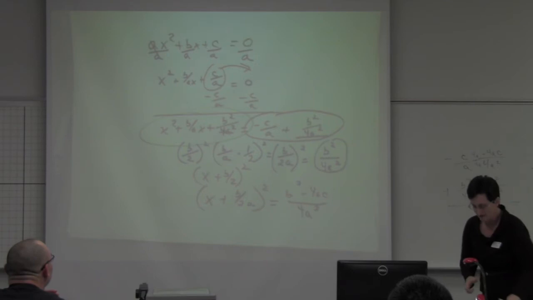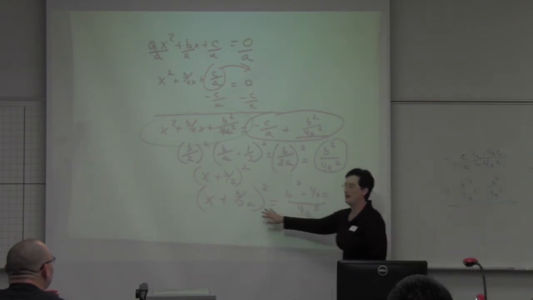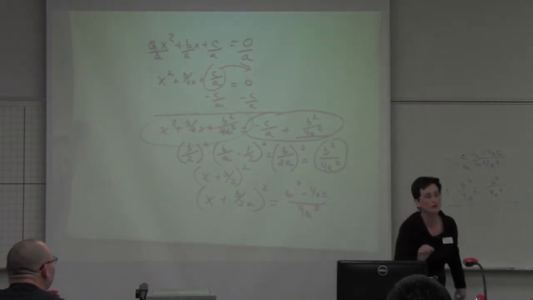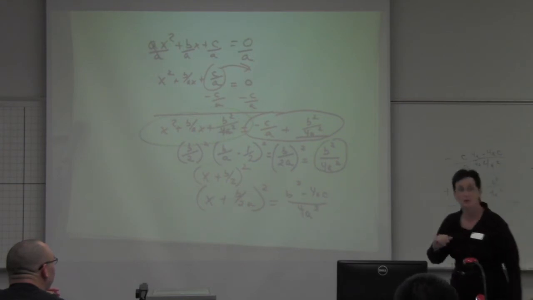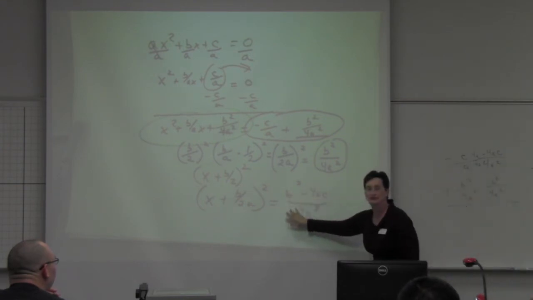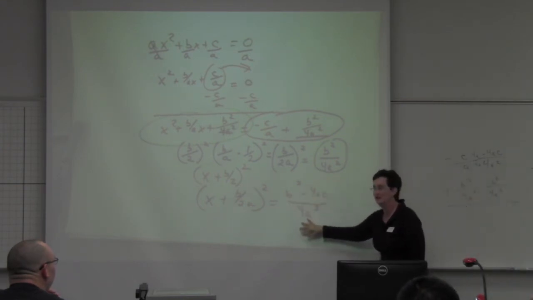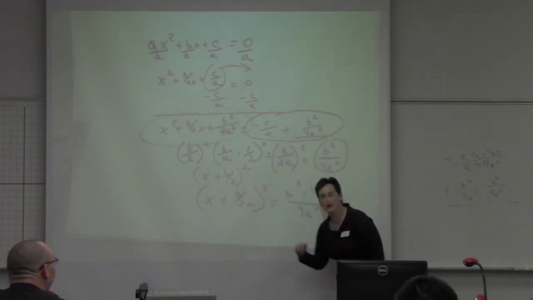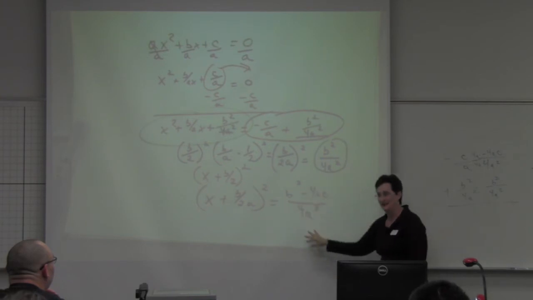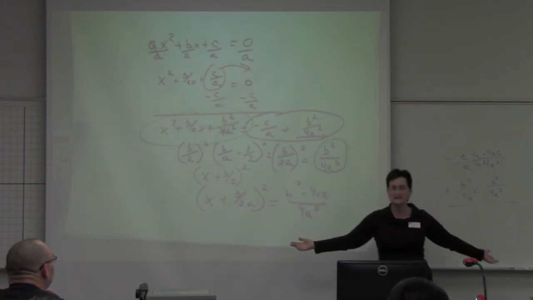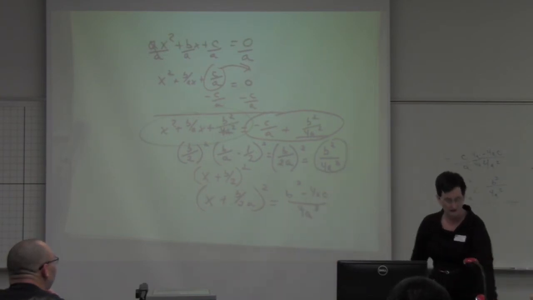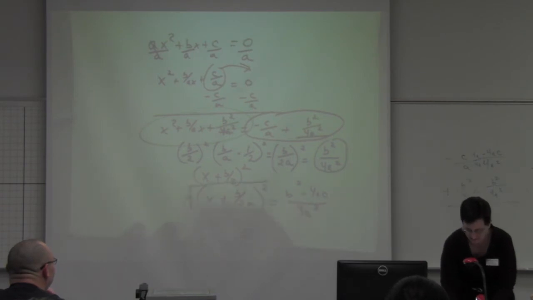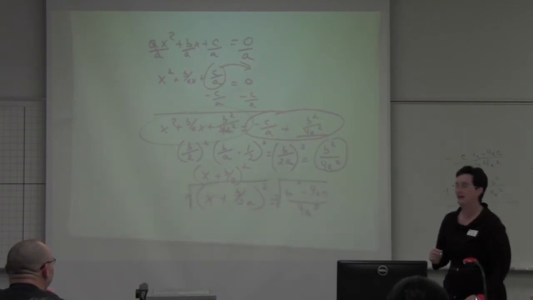Okay, now, that looks pretty weird, right? But if you knew what a, b, and c were, this is just a number. You would plug it in. This is just a number. So we have a perfect square on one side and a number on the other. Where have we seen this before? So now we're going to take the square root of both sides.